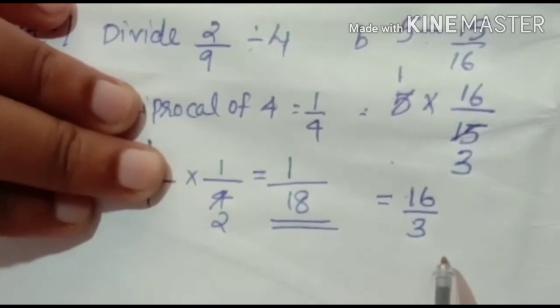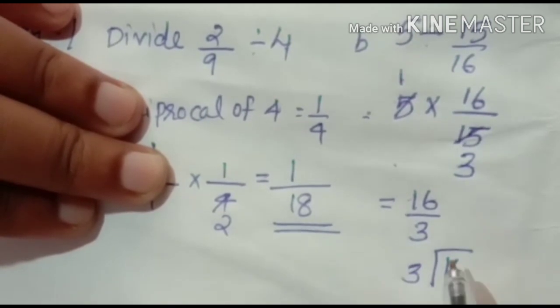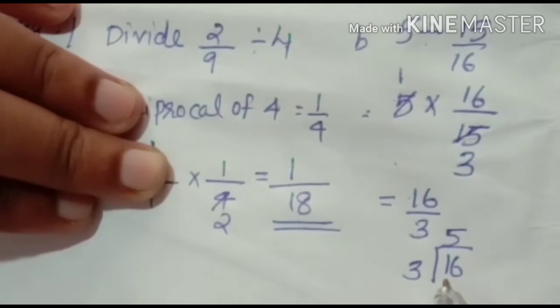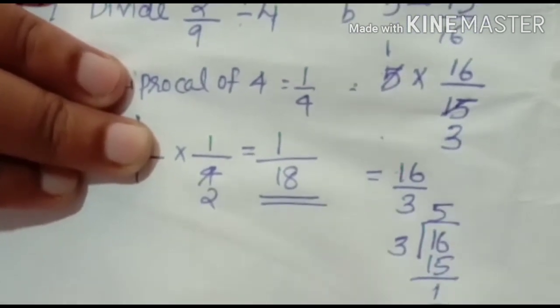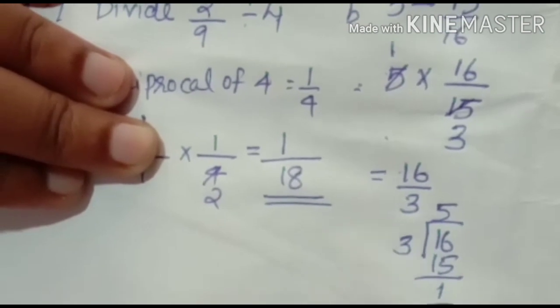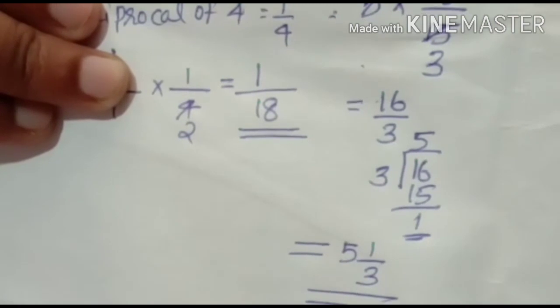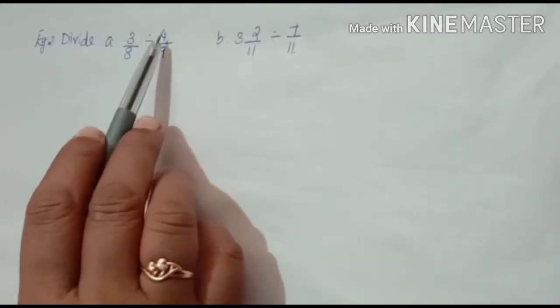How? 16 divided by 3 is equals 5 3's are 15. Remainder 1. So the answer is 5 1 by 3. Clear? Divide 3 by 8 divided by 4 by 9.